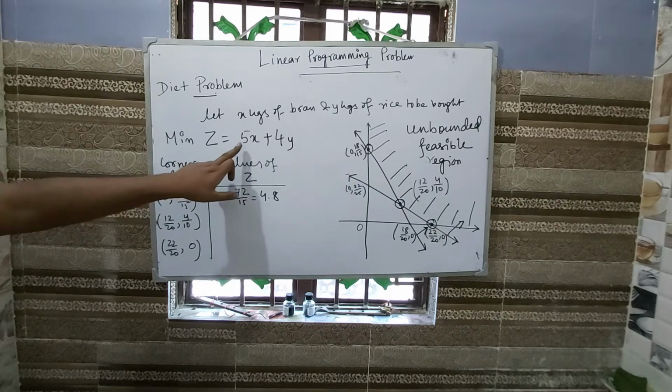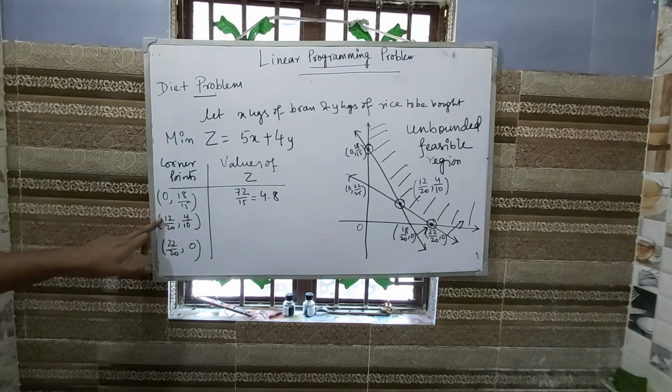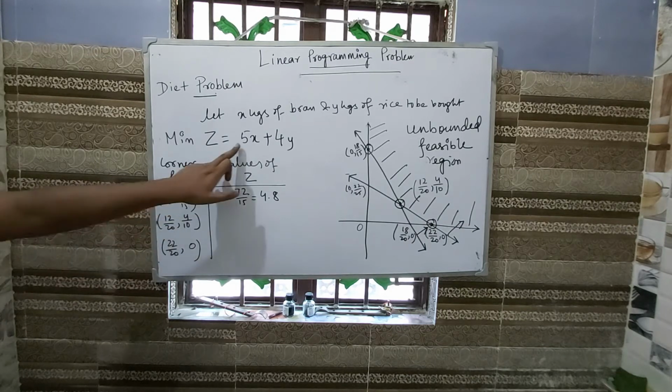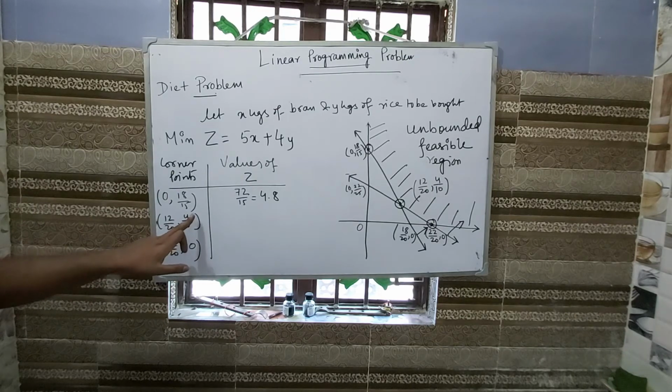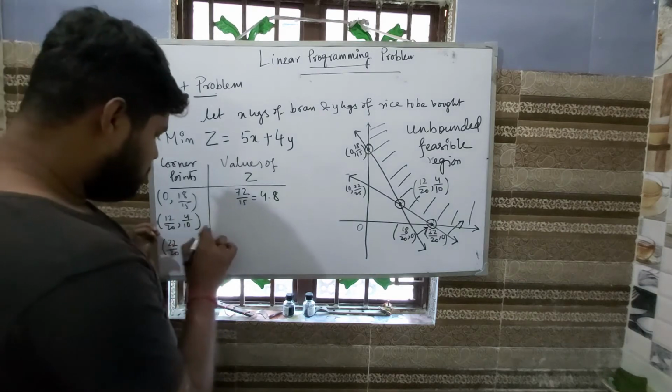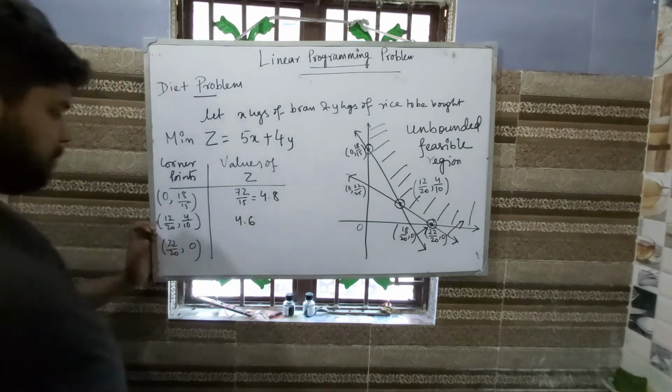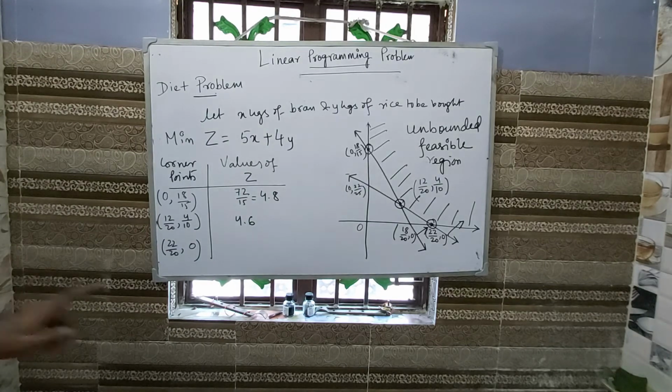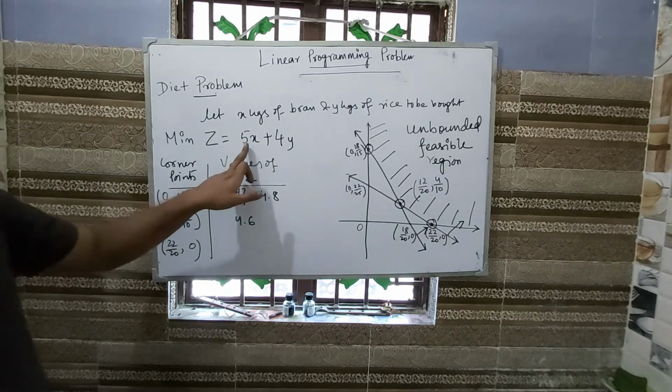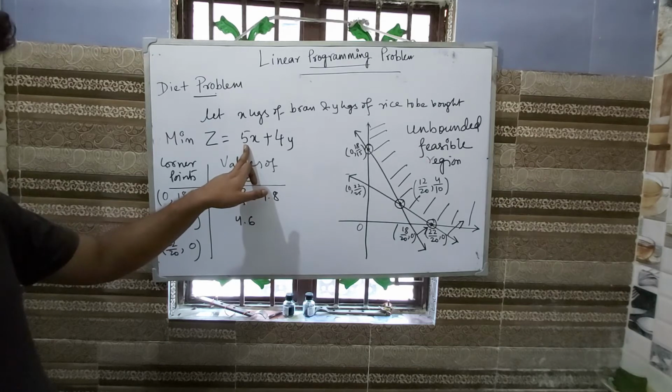12 by 20, if you just cancel it out a little bit. If you cancel by 4, it becomes 3 by 5. So it becomes 3. And 16 by 10, that is 1.6. So that is 4.6. And if you put 22 by 20, so 22 by 20 is actually 11 by 10.